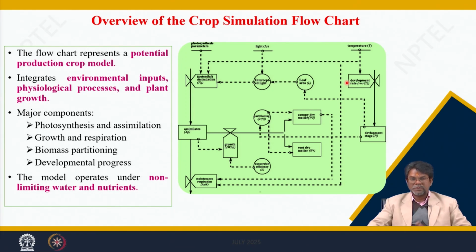What are the state variables? State variables are represented by rectangles. If you see, the state variables are canopy dry weight, this is a state variable, and root dry matter, this is a state variable. So, that gives a quantity.